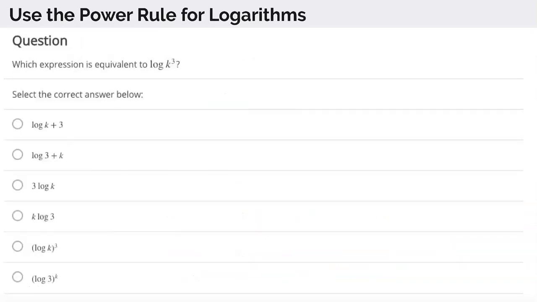Okay, and so the last property that you'll see in this assignment is the power rule for logarithms. And remember what the power rule told us is just that whenever we have the logarithm and we have something inside that's being raised to a power, right?